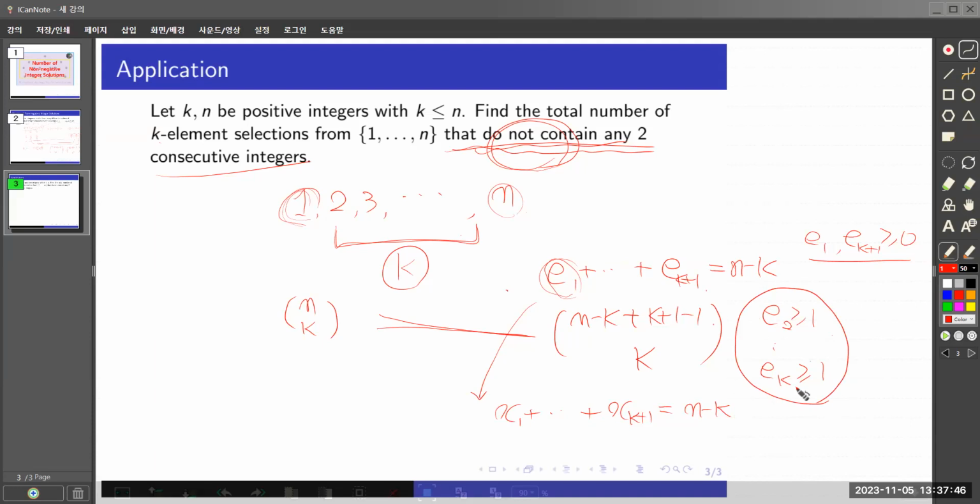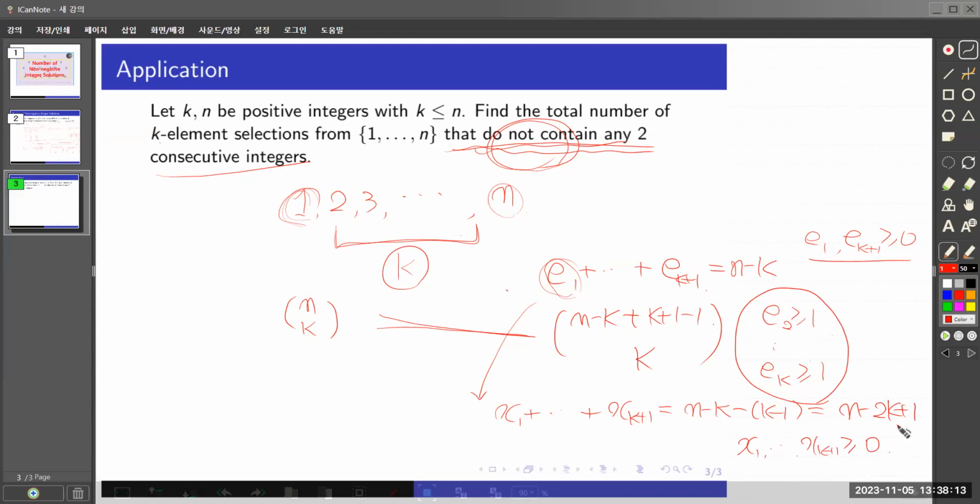Each box from the second box to the k-th box must use at least one integer, which means we have already consumed k minus 1 integers. So this is equal to n minus 2k plus 1, and x sub 1 through x sub k plus 1 is greater than or equal to 0.